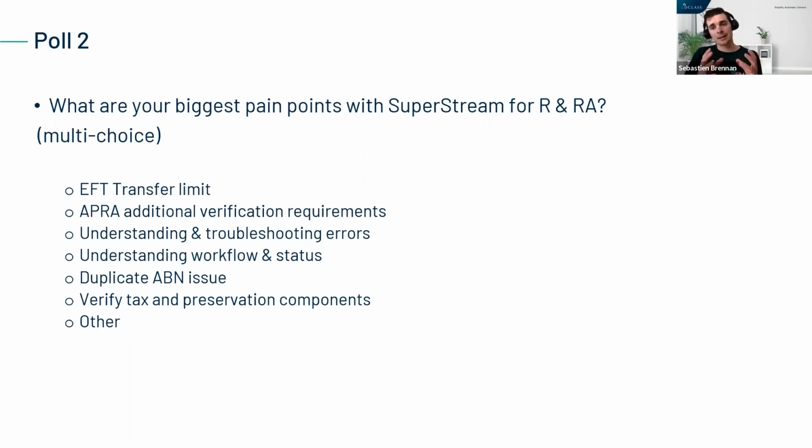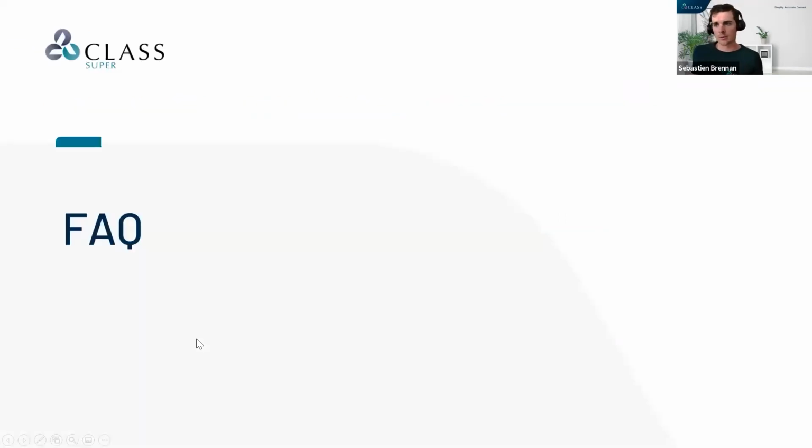So if you can't increase the limit by a significant amount, you may have to split that into multiple messages. And then the last one on the list is understanding the workflow and statuses and how they work. So thank you again for those who have responded to that poll question. And I'll take us through to the next section on FAQ.